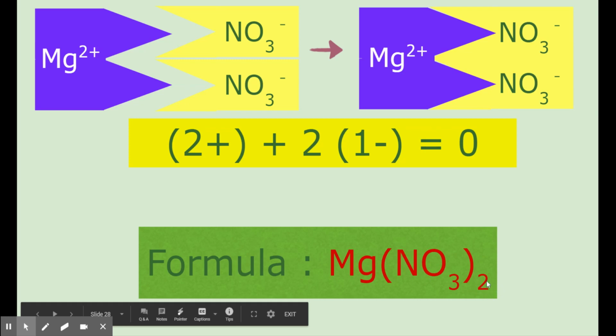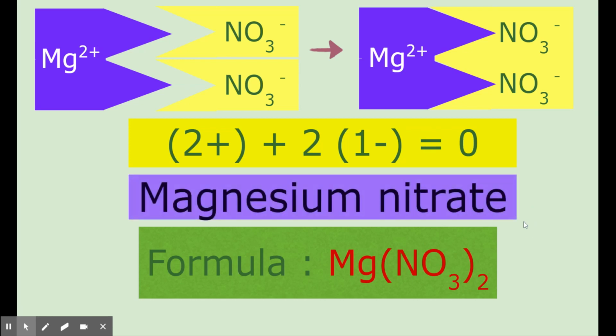That means we've got two nitrate ions paired with one magnesium ion. When we name this chemical compound, it is simply named with the cation first and then the anion. So this one is called magnesium nitrate.